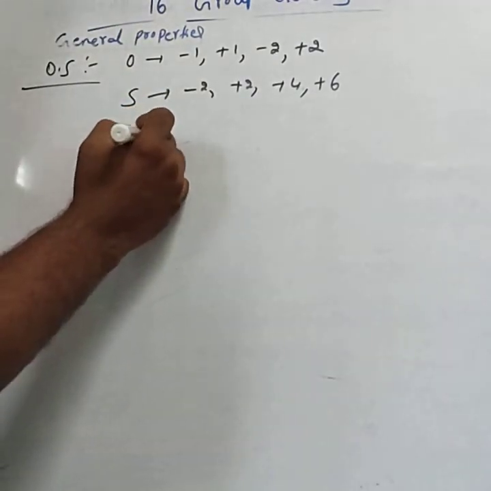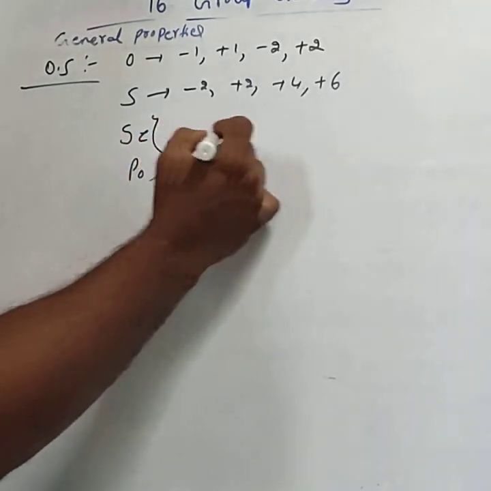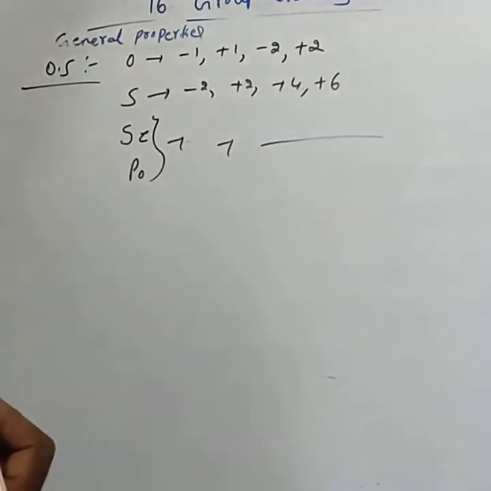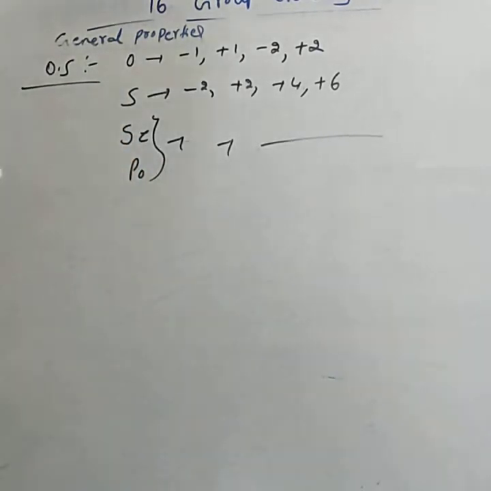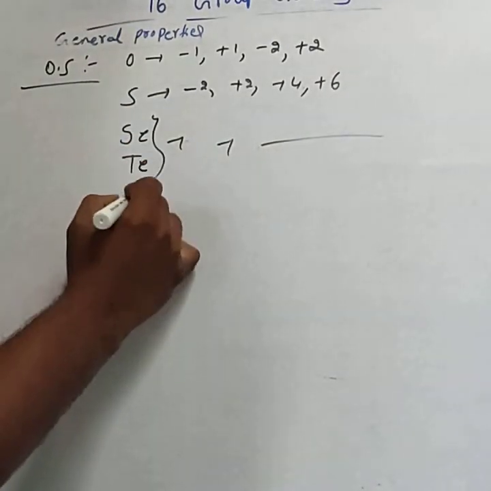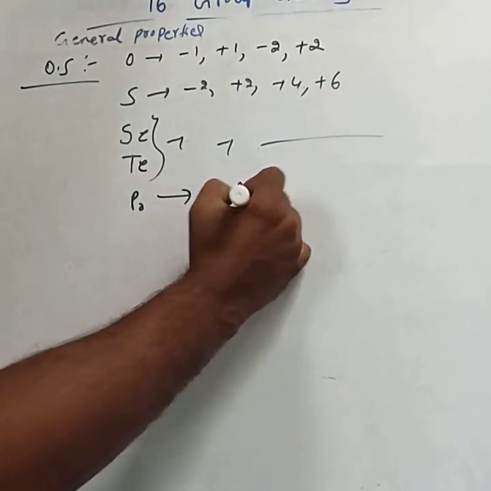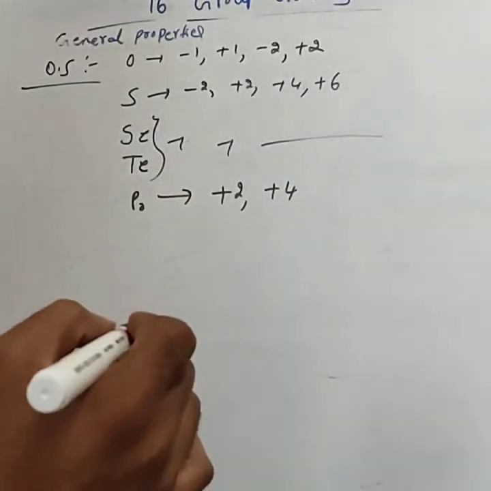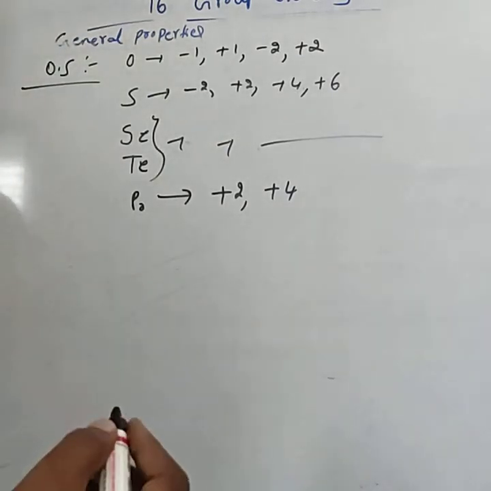Selenium and tellurium can exhibit the same oxidation states, -2 to +6. Then polonium exhibits only +2 and +4. It is the oxidation state.